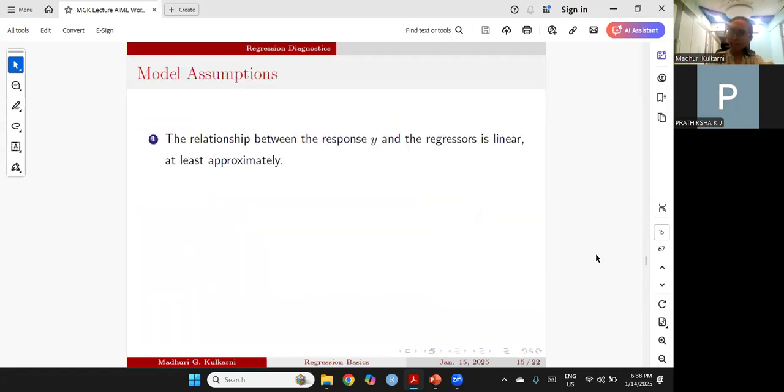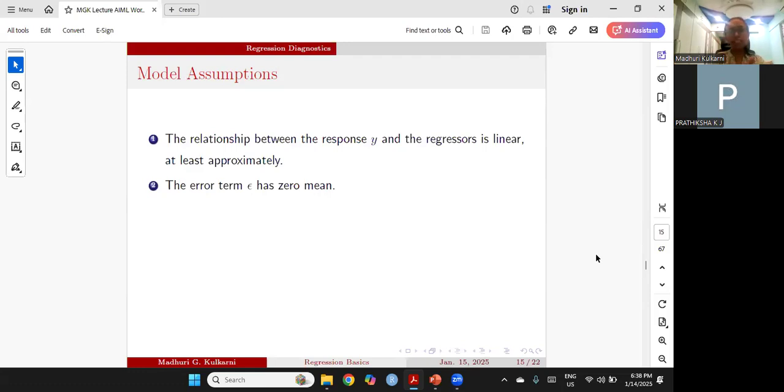So yes, there are model related assumptions. The major assumption is that the relationship between the quantity of interest and the quantities which influence it is approximately linear. We will definitely look at the case wherein that is not so. Then there are major assumptions about the error term.